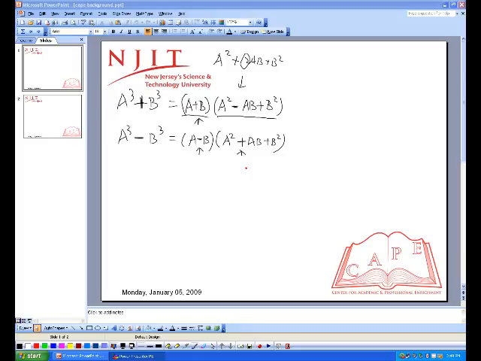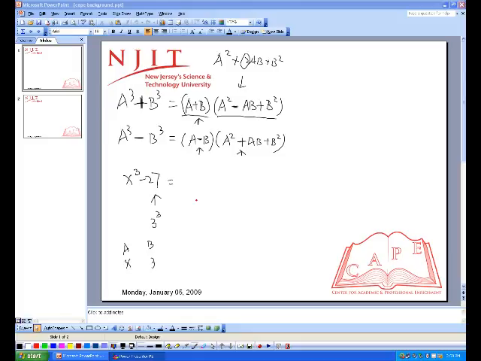Now, to give you an example, we could just do x cubed minus 27. Well, first of all, we can recognize 27 as 3 cubed, right? So that means in here a is equal to x and b is 3.